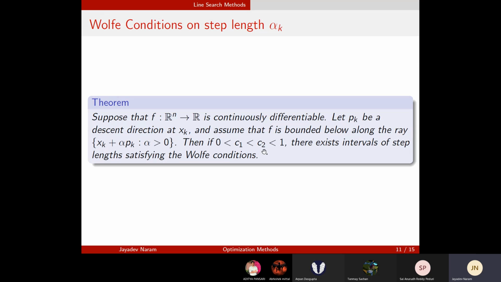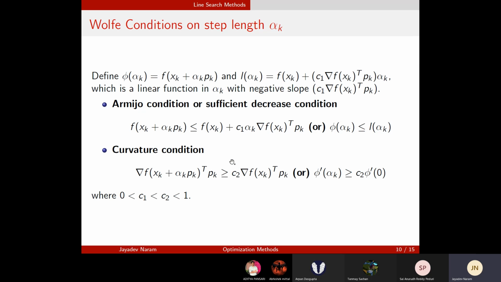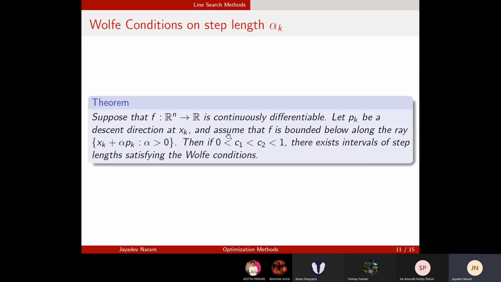What this theorem actually says is, for any given c1 and c2 which satisfy this particular condition, there exist intervals of step lengths satisfying the Wolfe conditions. These two conditions might look very strict, but this result says that even for any such c1 and c2, there exist intervals such that on the whole interval, the Wolfe condition is satisfied.